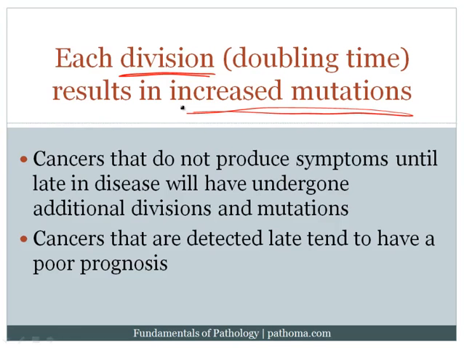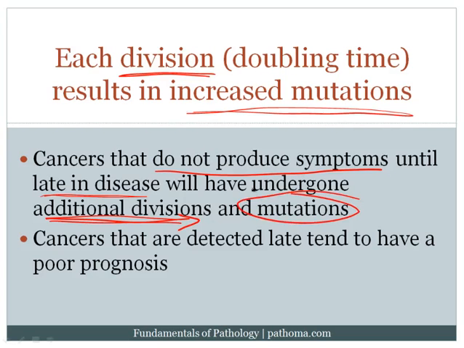And so one important principle or general idea is that if you have a cancer that doesn't produce symptoms until very late in the disease, it will have undergone additional divisions, which will then lead to additional mutations. And so, whereas the average tumor or the tumor that reveals the earliest clinical symptoms will have divided 30 times and will then be detected, there are some tumors that really get detected very late. For example, ovarian carcinoma.